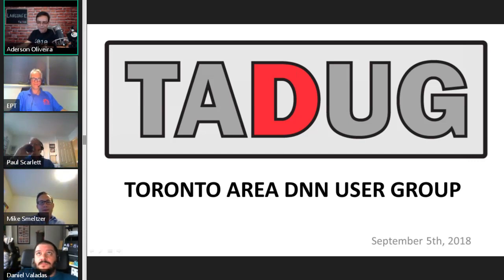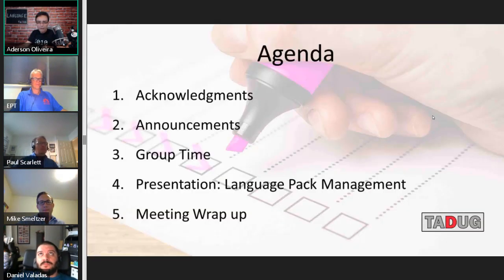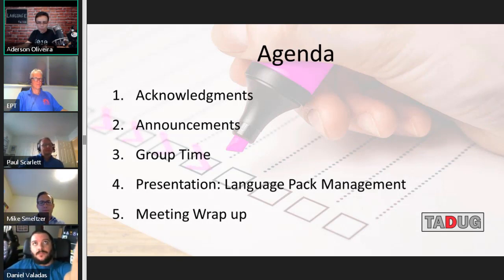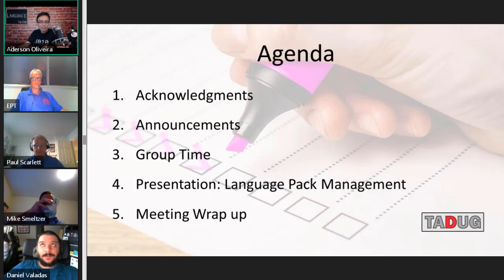Okay, what do we have here? Let's go through the agenda as usual. I'm going to go through some acknowledgements, some announcements, a little bit of group time. We have some new people showing up, and I want to mention the new people that signed up in the last month for our meetup.